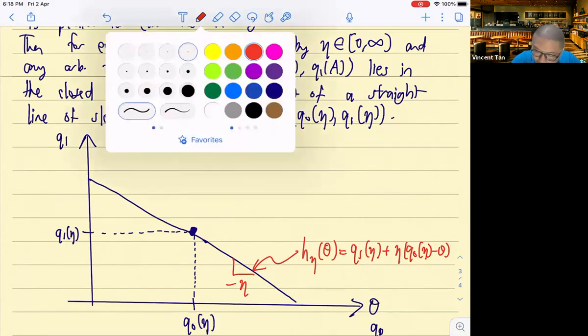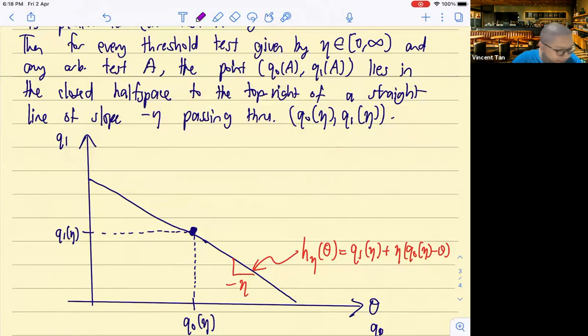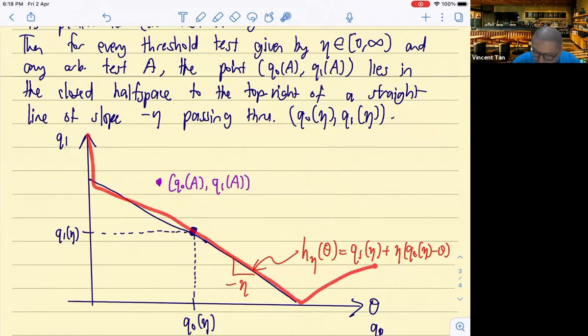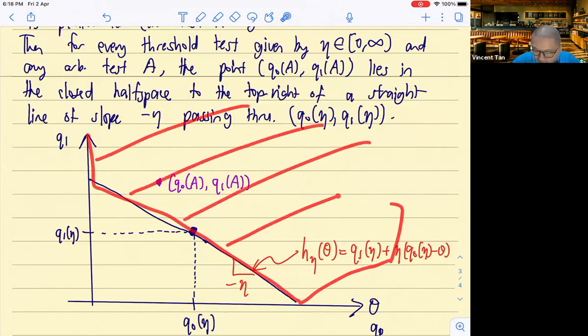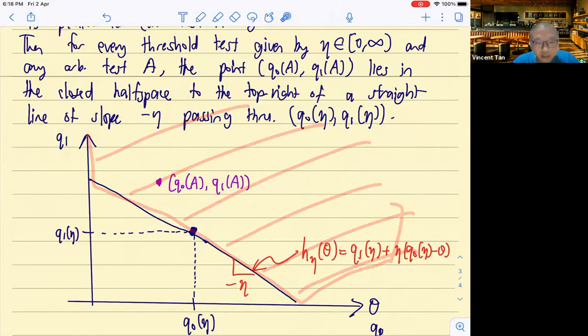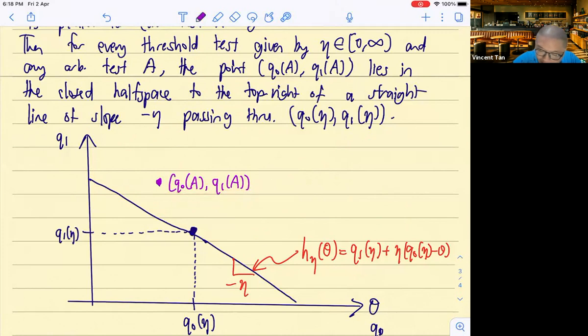Let's say this test is this. Then Q0A, Q1A must lie in this region here, the closed half space to the top right. This is any other test. The performance of any other test must lie here.